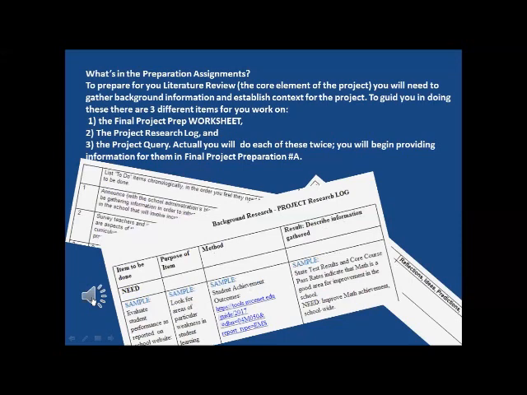At any rate, before we go into the formal literature review, we want to be able to sharpen up our definition of what we're looking for. We want to come up with a clearly defined, clearly voiced query. And so you'll do that through the third item, the project query.